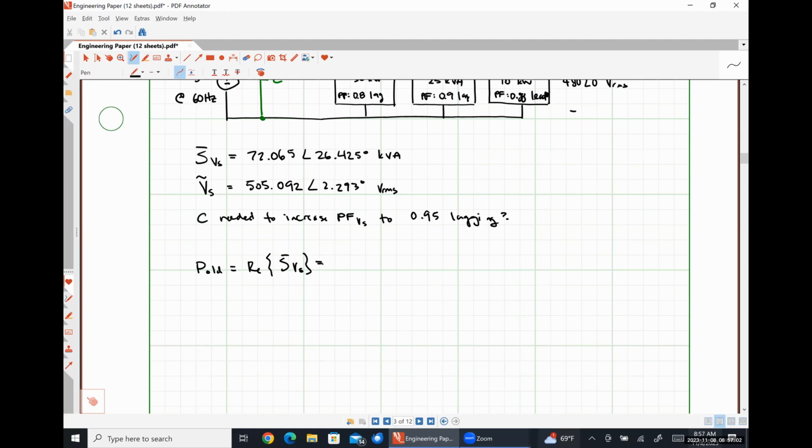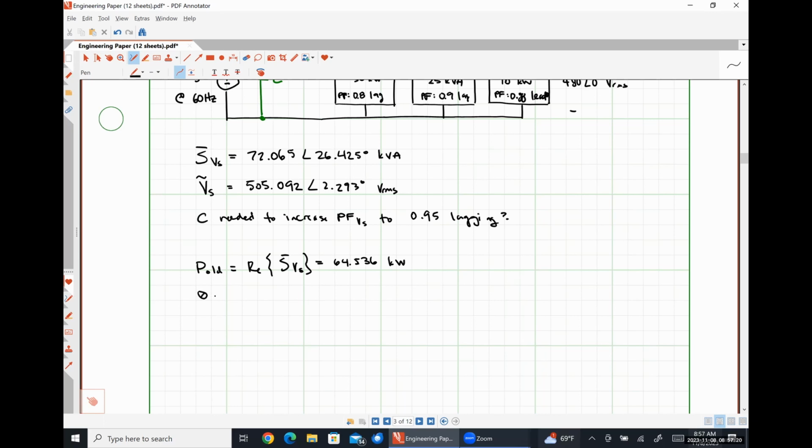The real part of what I have stored in my calculator is 64.536 kilowatts.